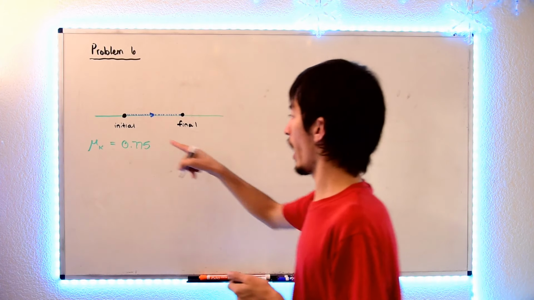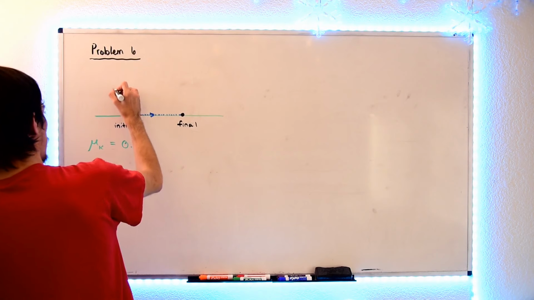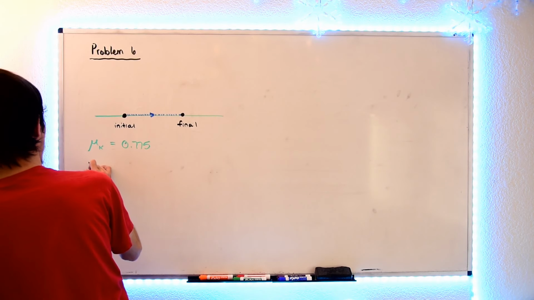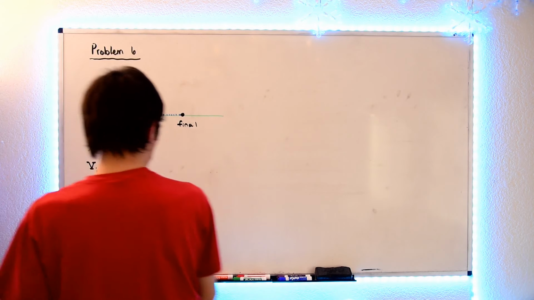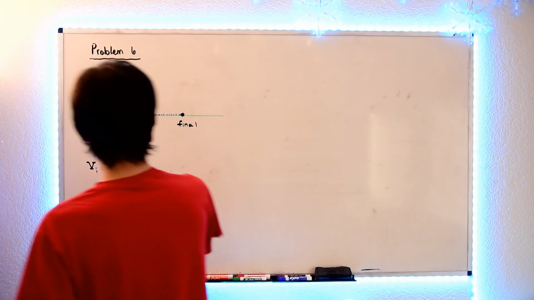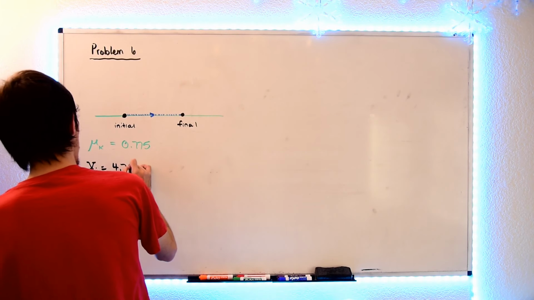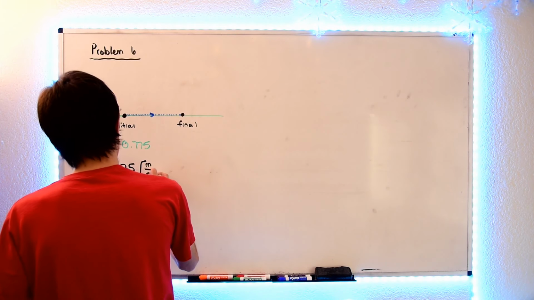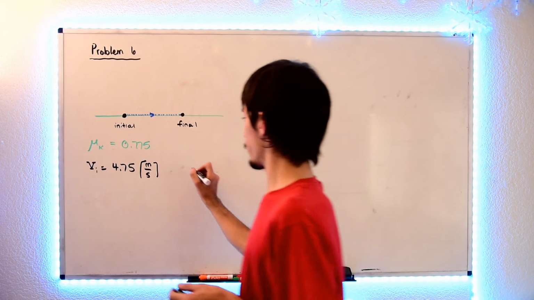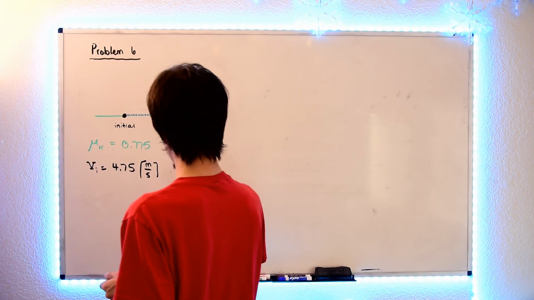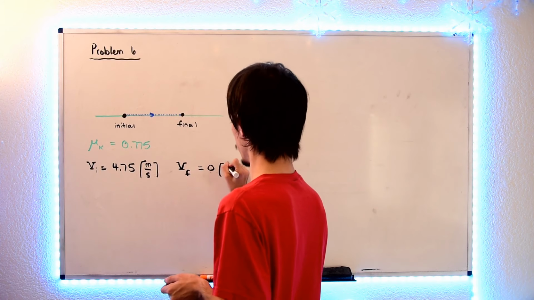So at the initial, V initial is given as 4.75 meters per second. V final, it was said they come to rest, so 0.